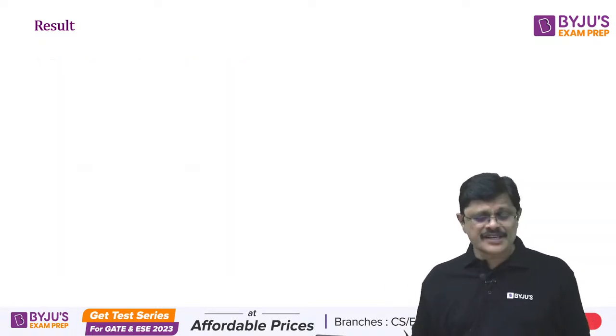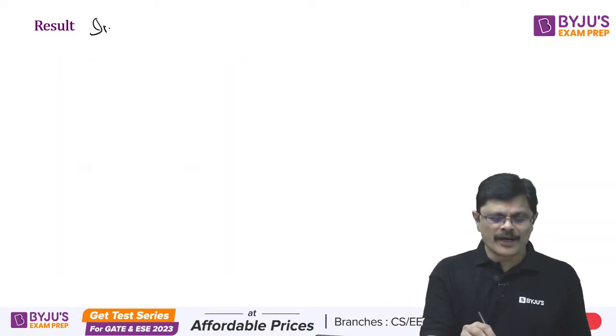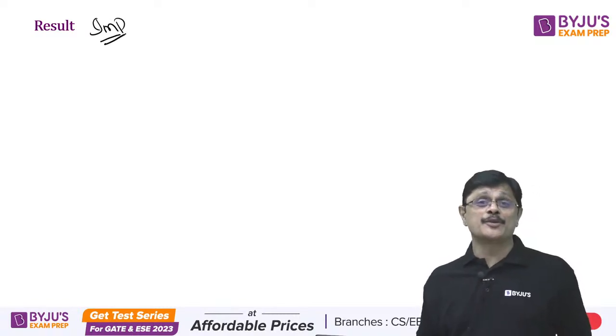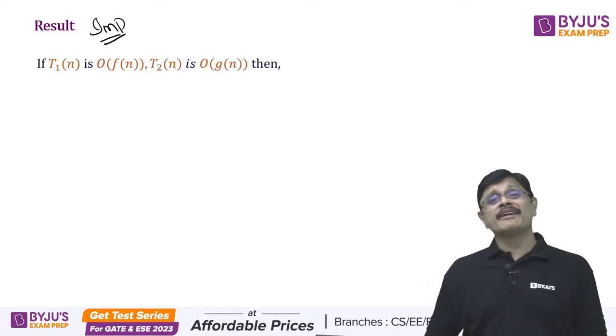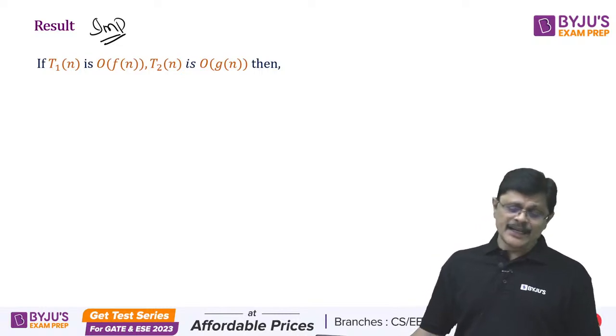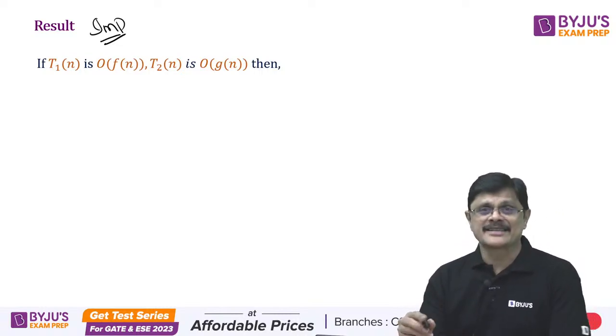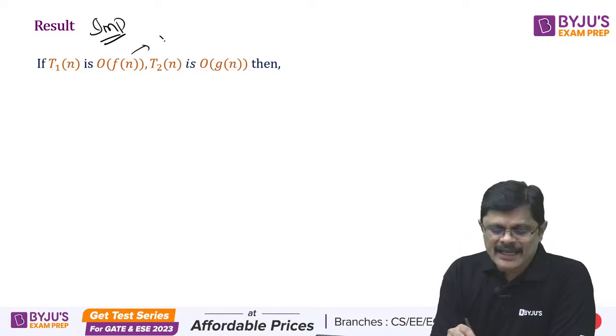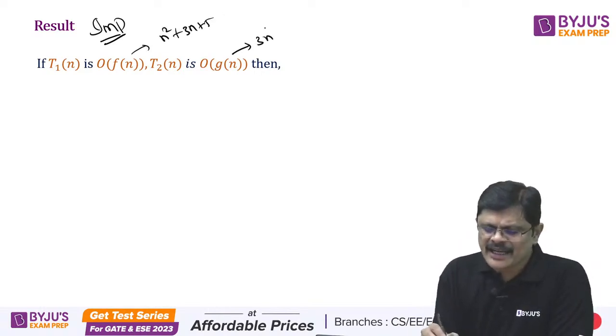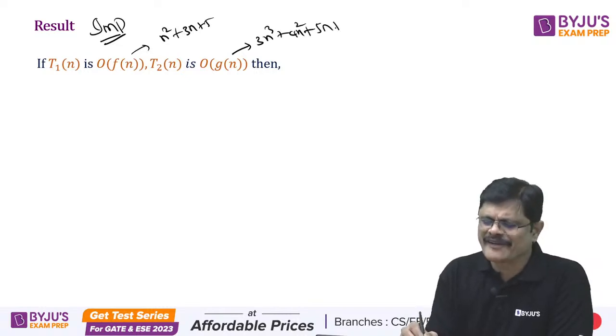But the most interesting result is this. This is a very important result and most of the time it helps you a lot. If you know T1 is big O of f(n) and T2 is big O of g(n), then T1 plus T2. See, it's like this. For example, it is say n square plus 3n plus 5 and it is say 3n cube plus 4n plus 5 or 4n square plus 5n plus 6.